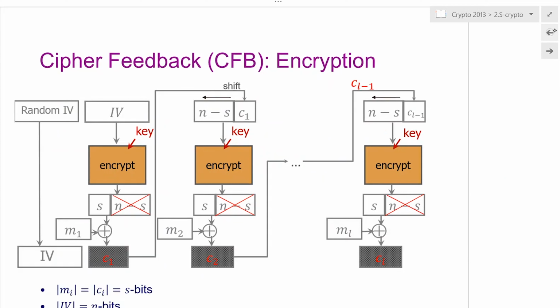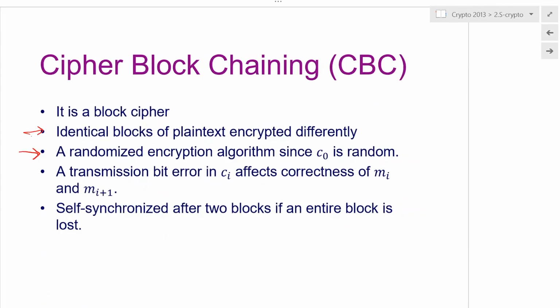I really want to draw your attention to this part. In the construction of the CBC, or most of these operation modes, we use randomized input. According to the construction of the algorithm, these inputs most of the time need to be random.